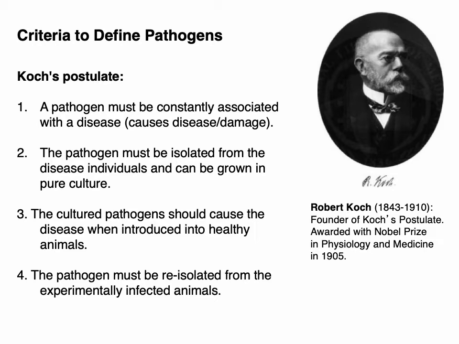Number 1, a pathogen must be constantly associated with a disease. So when a pathogen arrives, doesn't matter who you are, it's going to cause disease. They're always associated with a disease. For example, Bordetella pertussis always causes pertussis, or whooping cough. Number 2, the pathogen must be isolated from the diseased individual and grown in pure culture.